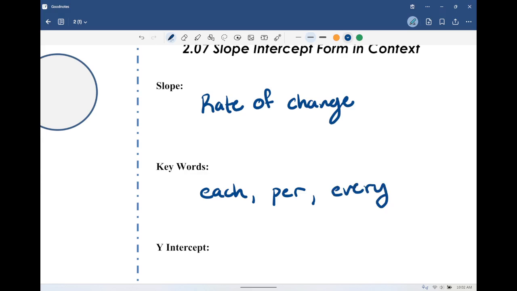Each, per, and every. Now, I'll include the word rate here. If you see a rate, yeah, that's slope. Now, is this all of the words you could see? No. These are the popular ones.